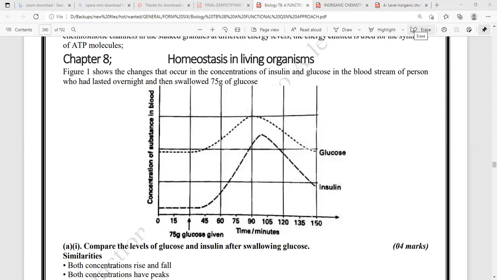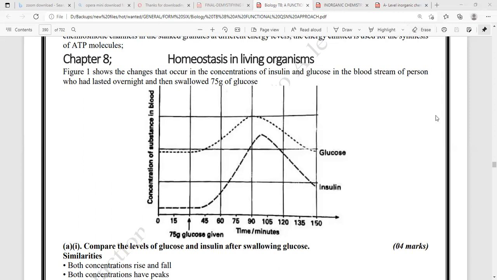Now, why are we seeing this take place? We see the increase in glucose increasing the concentration of insulin as well. Why? What is the relevance of this hormone increasing? We looked at glucose concentration levels, with the normal glucose concentration maintained at 90 to 100 milligrams in the body.